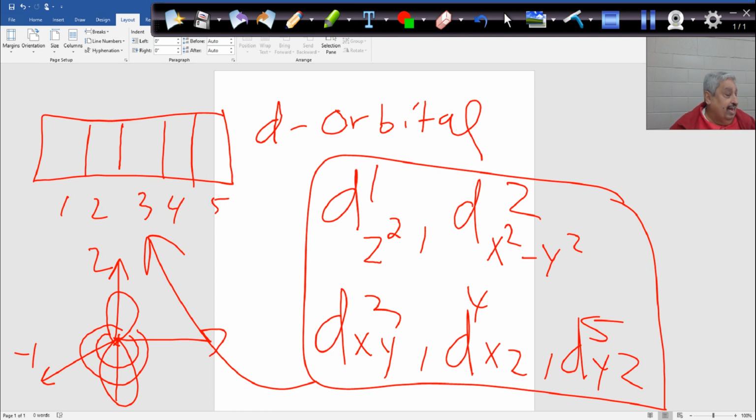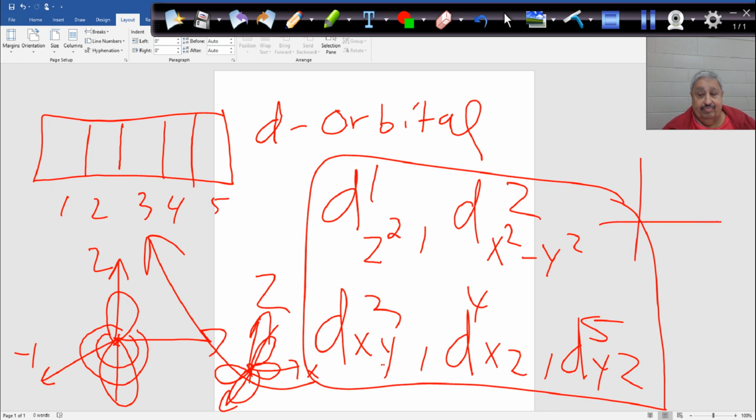As I said, you don't have to memorize this. The x and y ones are in between the axes: this is x, this is z, this is y, so they sit in between.